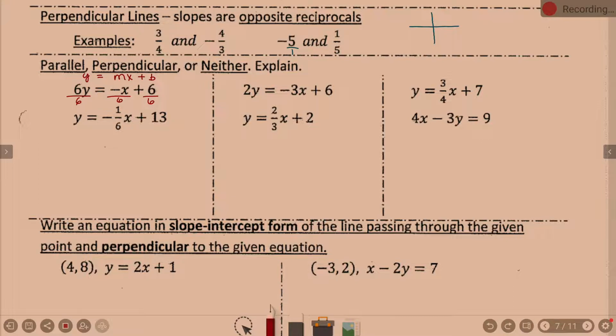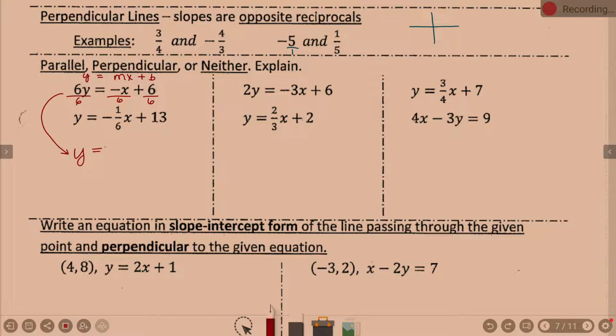Now, I'm going to bring this down here and write it down. 6y divided by 6, the 6 is canceled. We just have y. Now, negative x divided by 6.